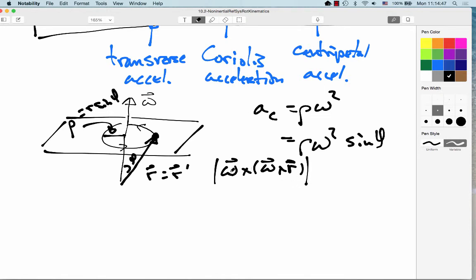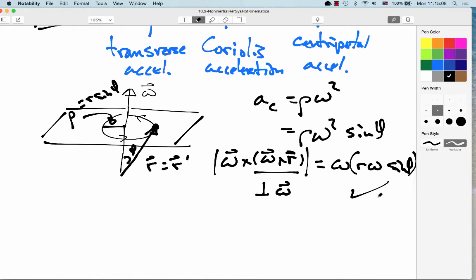Well, the one thing this is guaranteed to be is perpendicular to omega itself. So this angle will be 90. So we end up with omega times this cross product here in magnitude, which is r omega sine phi. So yeah, that checks. Now we just got to get the direction.